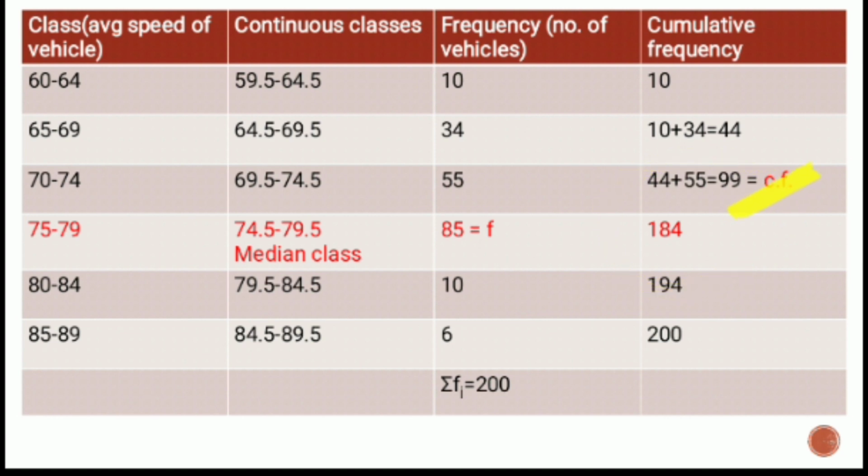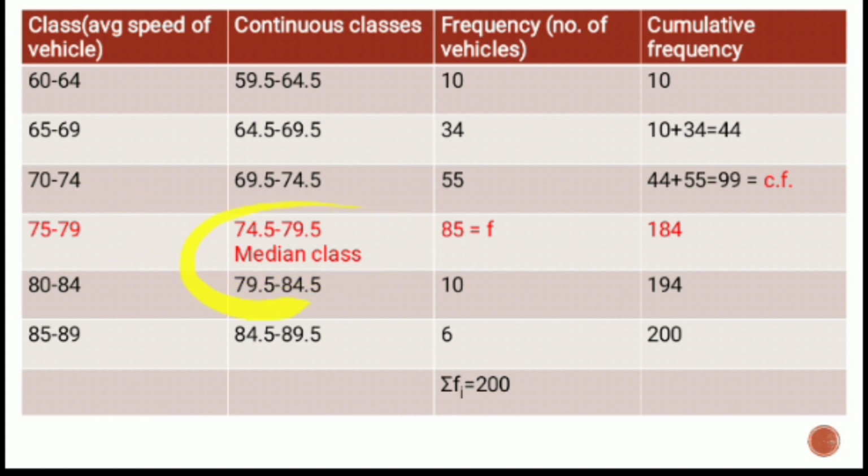That means 99 will be your CF, and your preceding class frequency F means 85. In this case 99 will be your cumulative frequency, then F will be 85, and you will not consider 75 as your lower class limit.